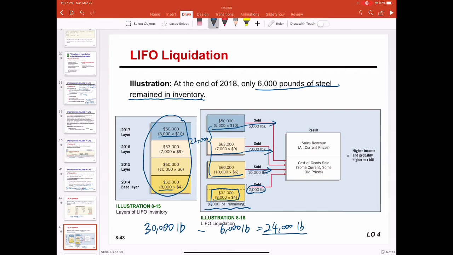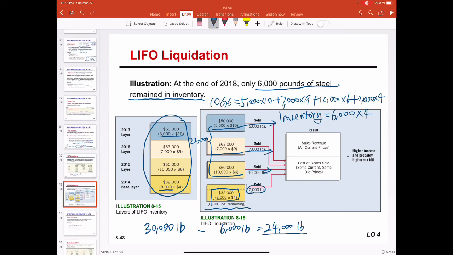What we learned is the cost of goods sold is basically 5,000 multiplied by 10, 7,000 multiplied by 9, 10,000 multiplied by 6, and 2,000 multiplied by 4. And the ending balance of inventory was from the base layer 2014, 6,000 units multiplied by $4.